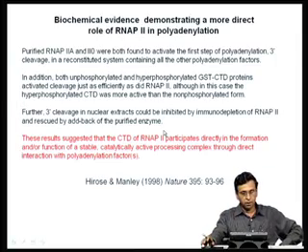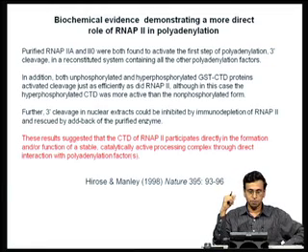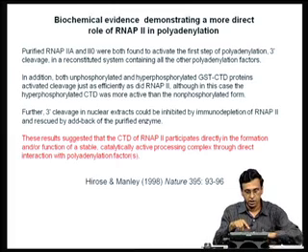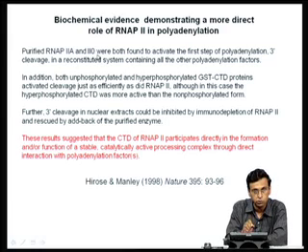Now, what is the biochemical evidence demonstrating a more direct role for RNA polymerase II in polyadenylation? This is what I discussed a little while ago. Purified RNA polymerase IIA and IIO were both found to activate the first step in polyadenylation. Remember, the difference between polymerase IIA and IIO is that one is a non-phosphorylated form and the other is a phosphorylated form.